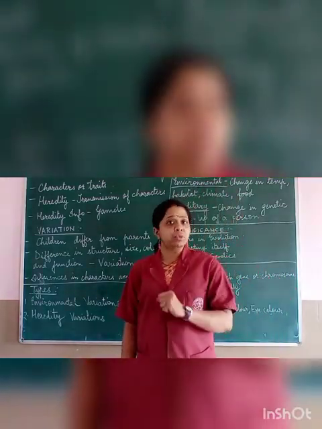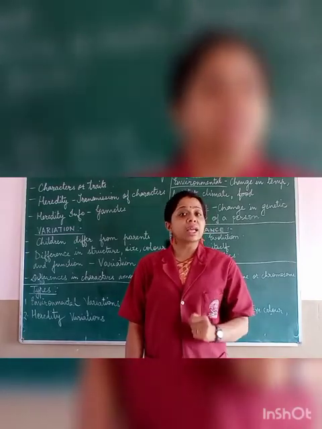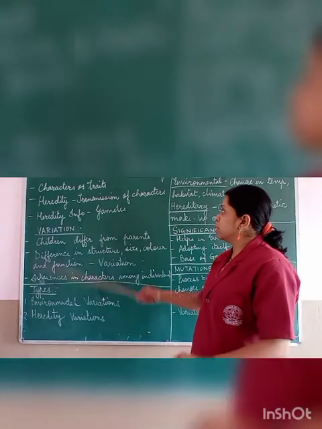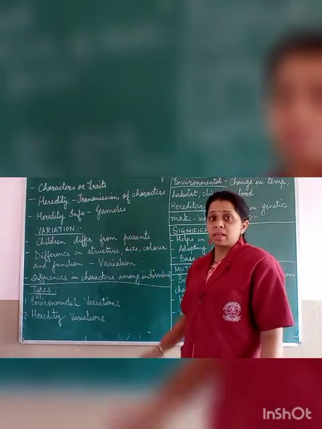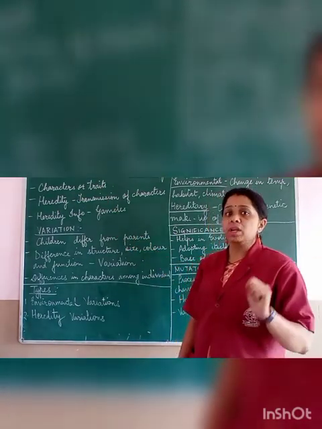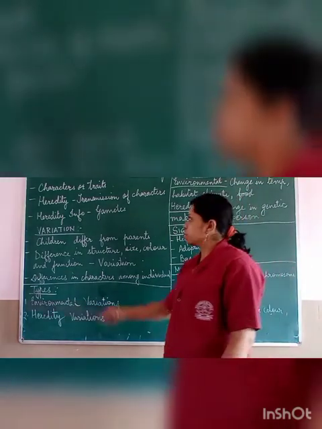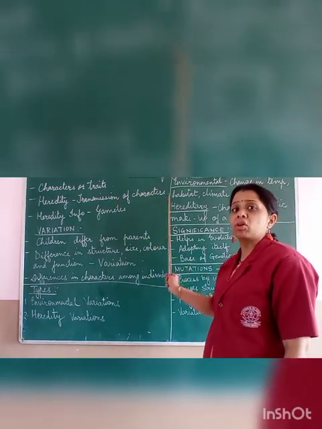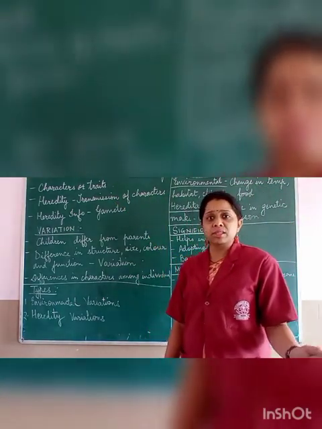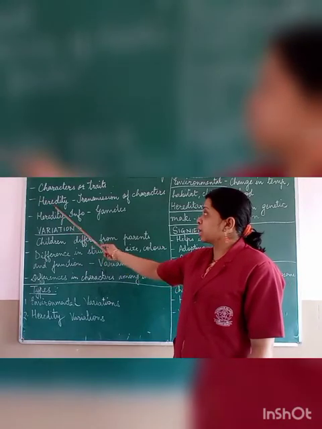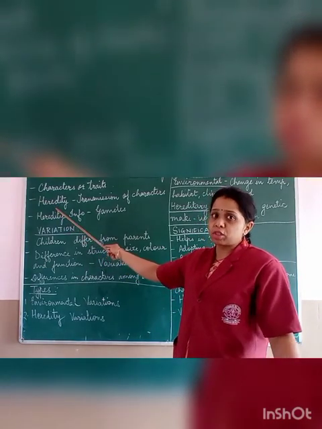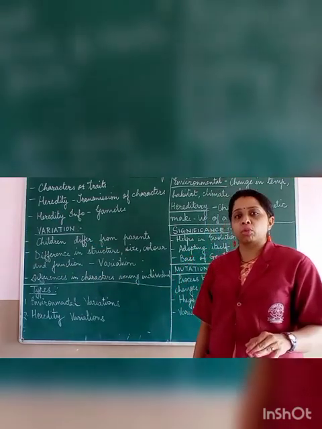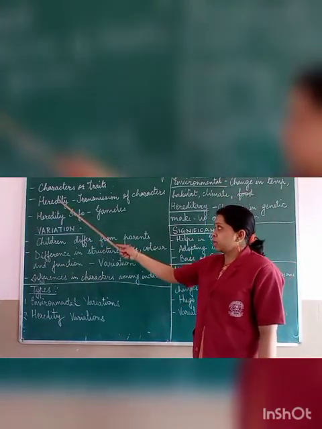When they fuse they form a zygote, and then a new individual begins to develop, with certain characters or traits transferred from its parents. So this is heredity. What is heredity? The transmission of characters or traits from parents to their offspring is heredity.